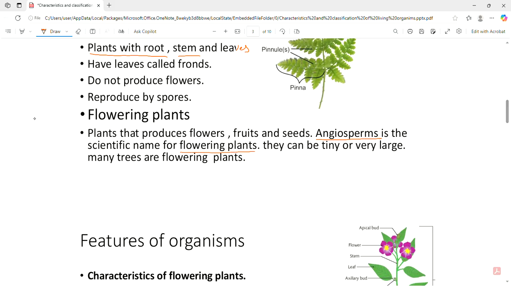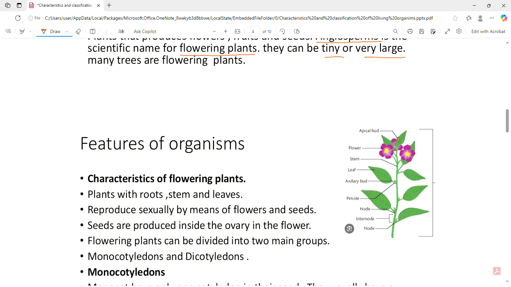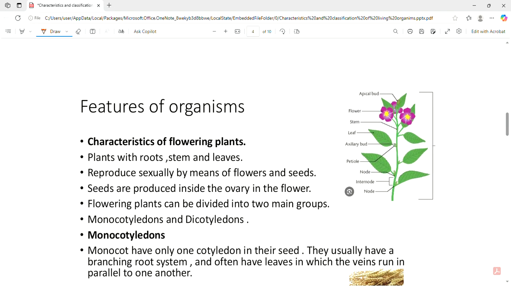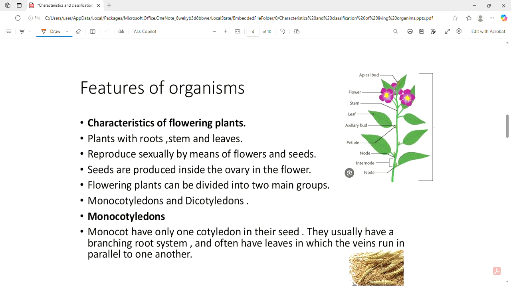They can be tiny or very large. Many trees are flowering plants. So from tiny to very large, from shrubs to trees, you can see the flowering plants.